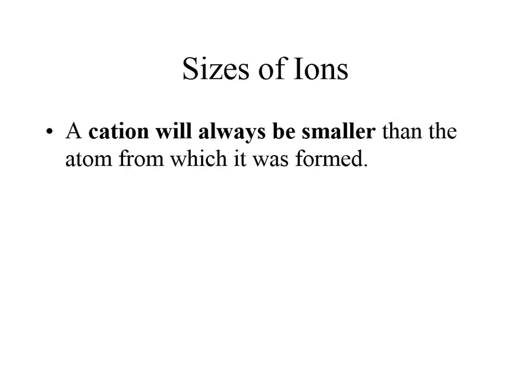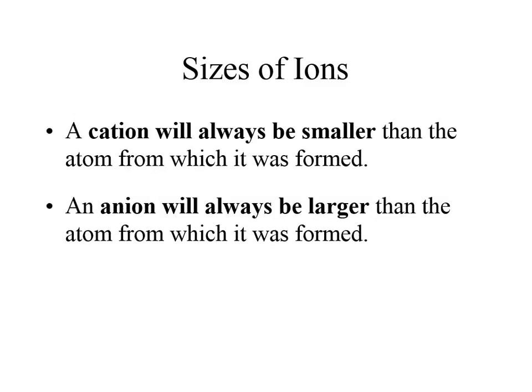Okay, cations, positively charged, they lost electrons. So the cation is always going to be smaller than its parent. Anions, it's a different story. Anions are picking up electrons, so an anion will always be bigger than its parent neutral atom.